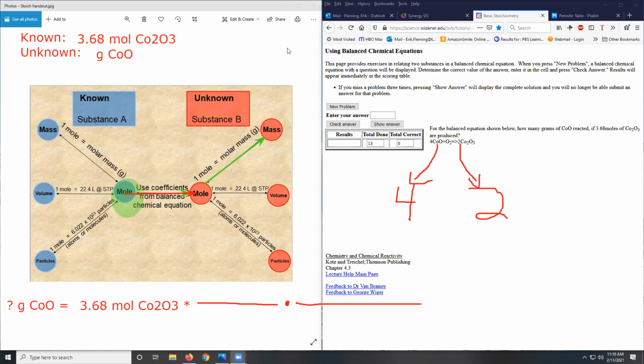Now the question really becomes which one goes on top and which one goes on the bottom of that first line, and why?